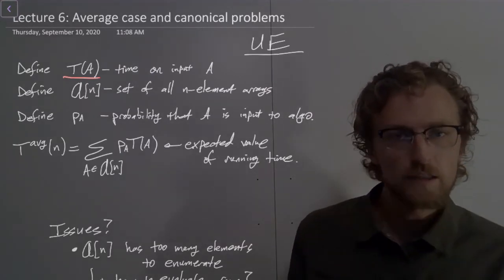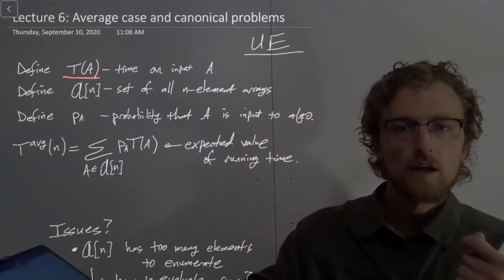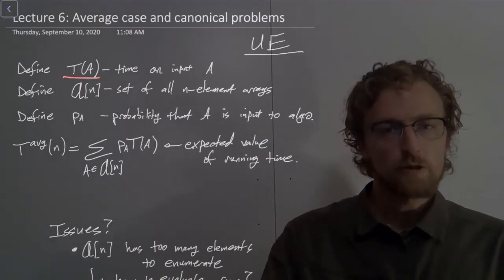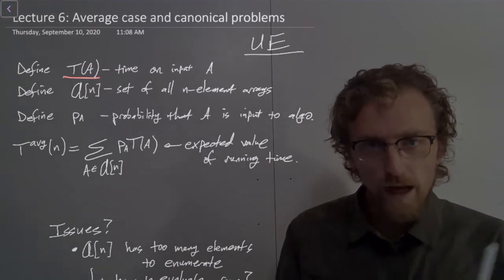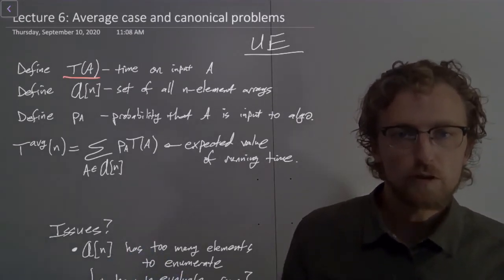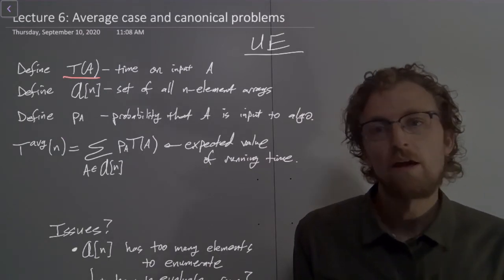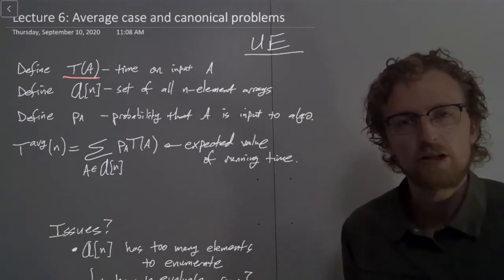But what unique elements does is it compares all pairs of elements, and if it finds any repetitions in an array, it returns false. And if it finds no repetitions, so every element in the array is unique, then it returns true. Okay, and we found that it has a quadratic worst case running time, but a constant time best case running time.